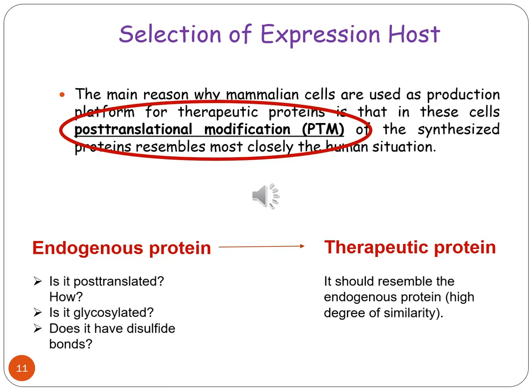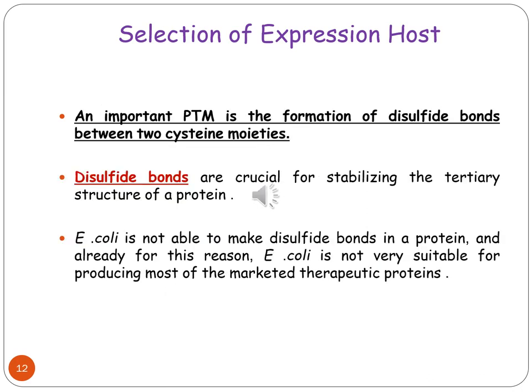An important PTM is the formation of disulfide bonds between two cysteine moieties. It's not performed between just the two cysteines. It can be performed between two methionines, or between a cysteine and a methionine. Cysteine and methionine are two amino acids that have the sulfur atom.